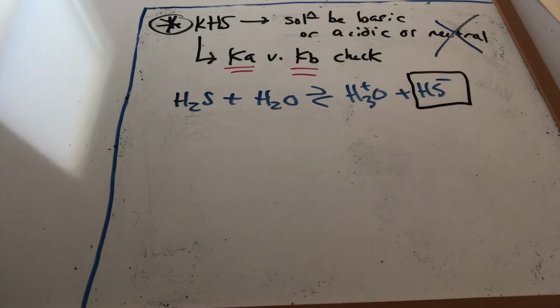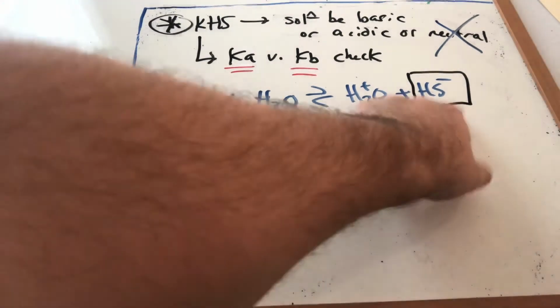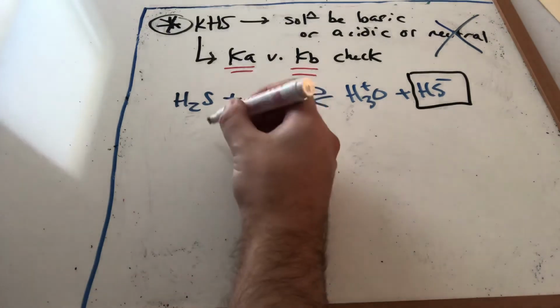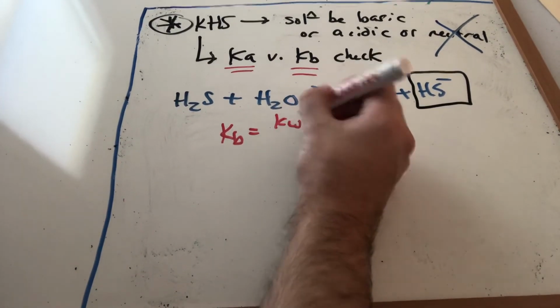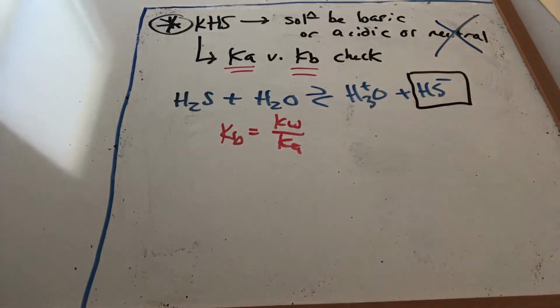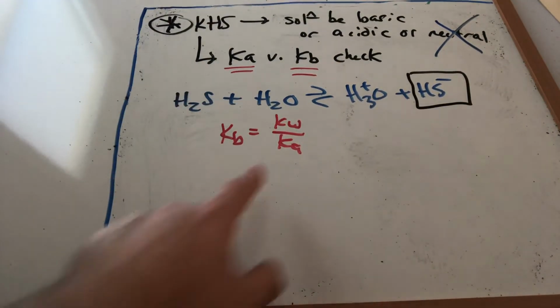And I know from my last video that I can calculate the Kb when it's showing up as a base. And Kb is Kw over Ka. So that's not too confusing. Like, that should make sense. We did that in the last video. Yep, here's a conjugate species. I know how to calculate a Kb from a Ka.